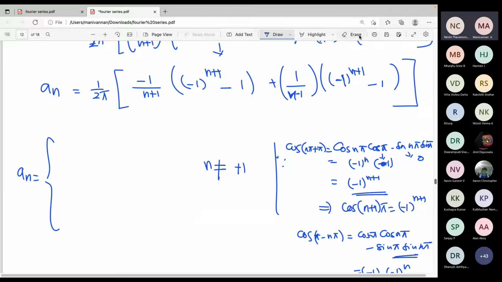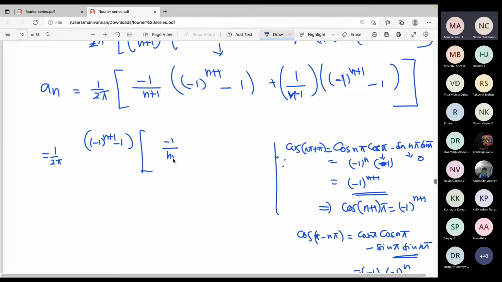Okay, before that I just consulted few things. Because this 1 divided by 2 pi, suppose I am going to take this as common part, this minus 1 to the power n plus 1 minus 1, which is common in both the terms. So remaining it is minus 1 divided by n plus 1, then 1 divided by n minus 1.